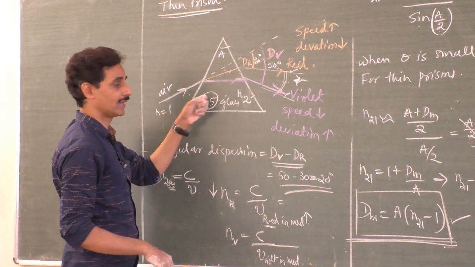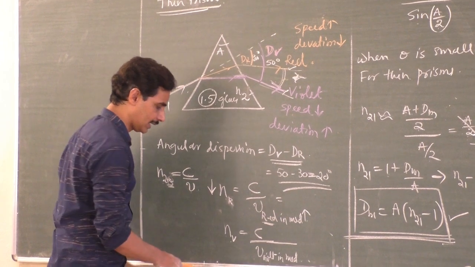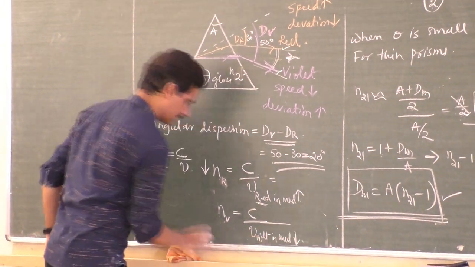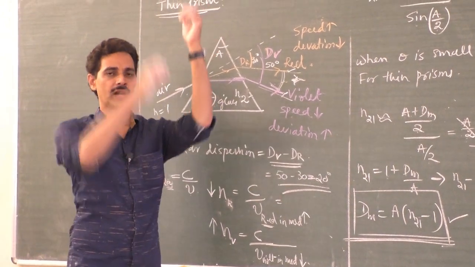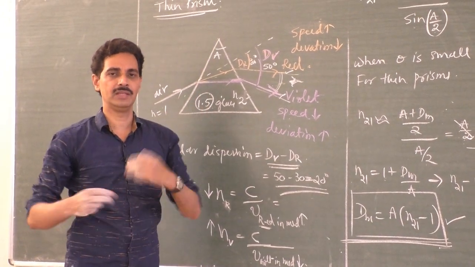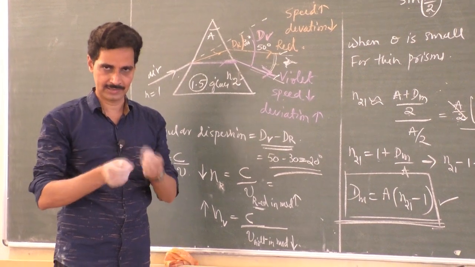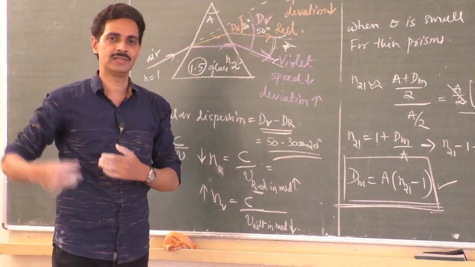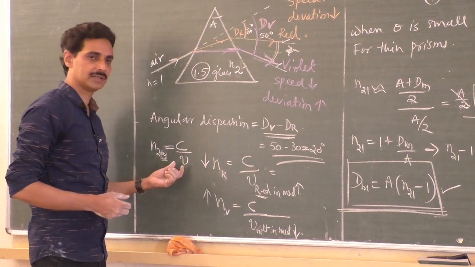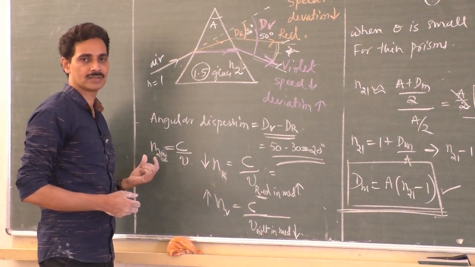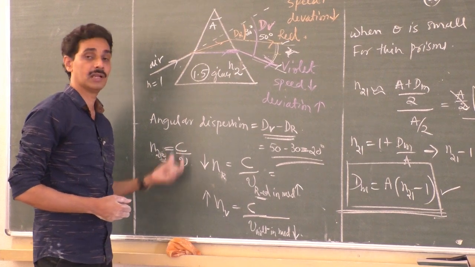What about the refractive index of the same medium with respect to violet color? Violet travels with least speed, so refractive index is most. So, if you try to calculate the refractive index of any medium by asking different colors, you will get different refractive indices. Usually we define velocity of light in one medium to the velocity of light in another medium, then it is the refractive index of that medium. But which color?